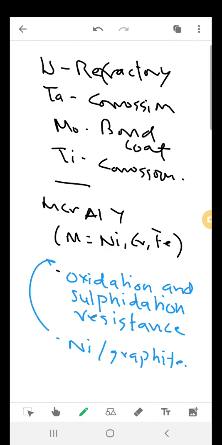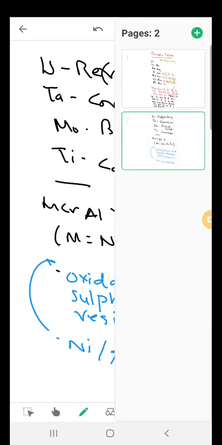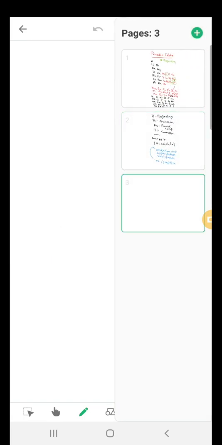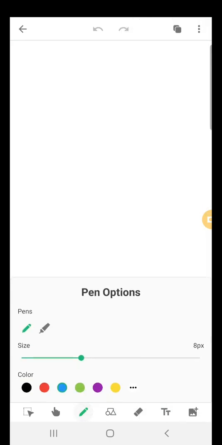Now there are a few materials which can be deposited through cold spray, as we discussed in our previous lecture. Cold spray is basically used to deposit hard and wear resistant coatings.